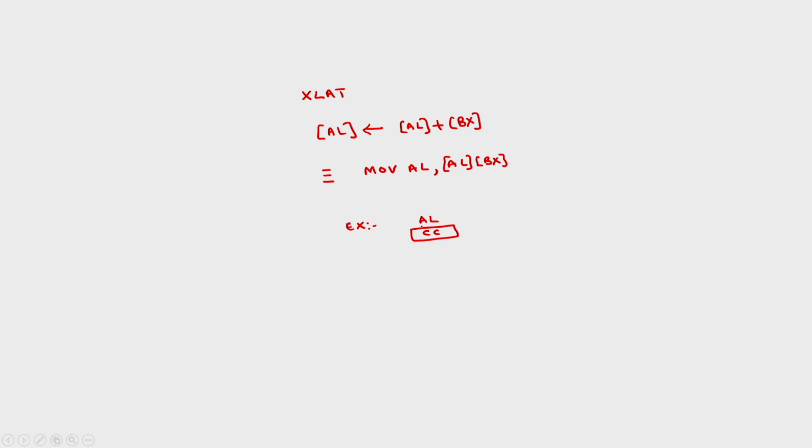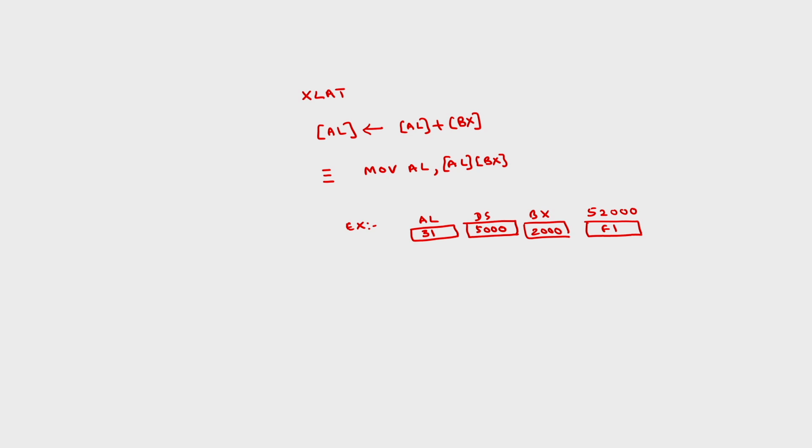Basically this operation is used for converting ASCII data into EBCDIC data. Take DS as the same 5000, BX as 2000, and the contents of the 52000 location as, say, F1.